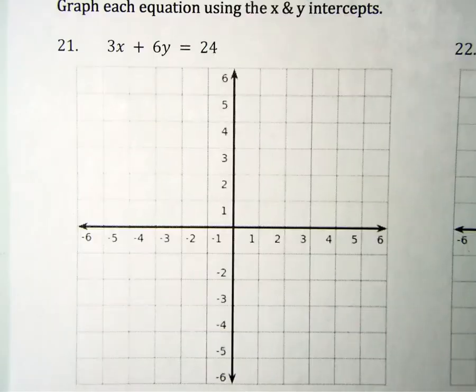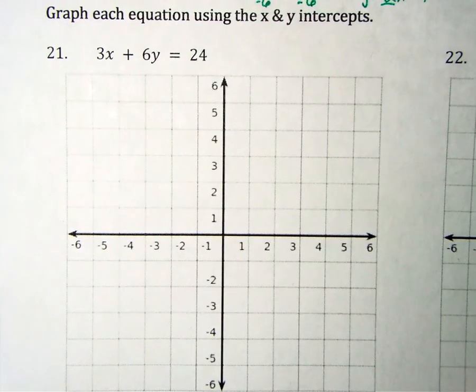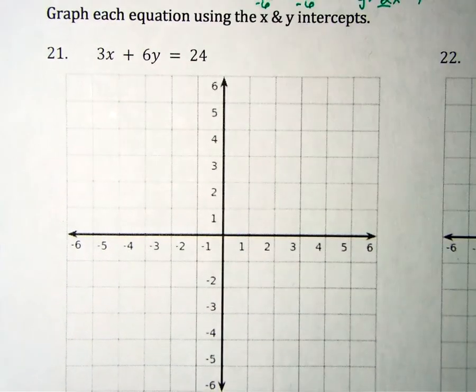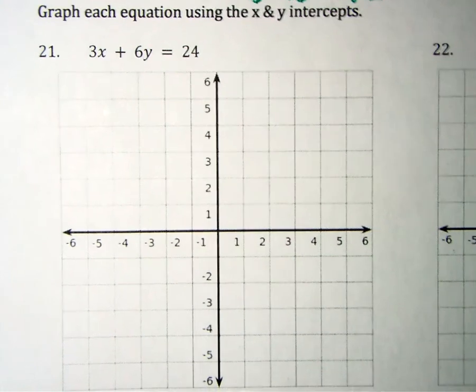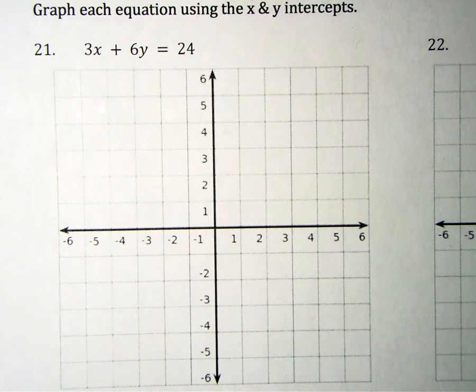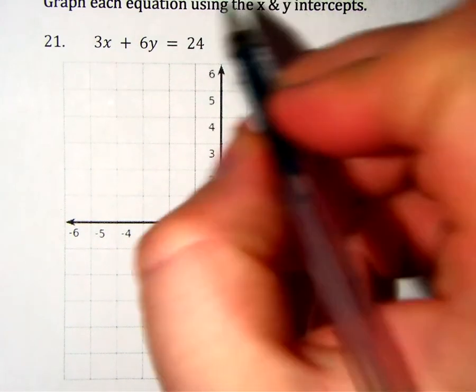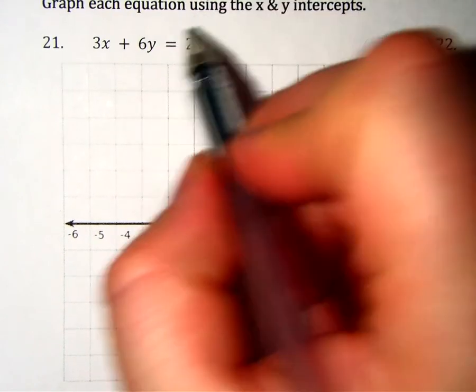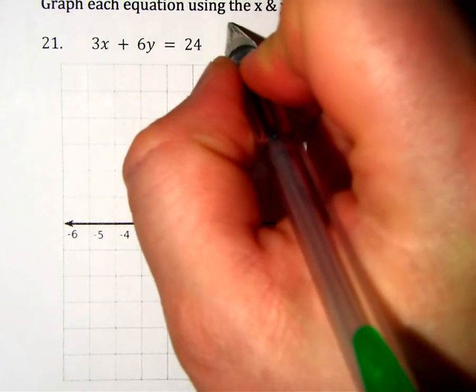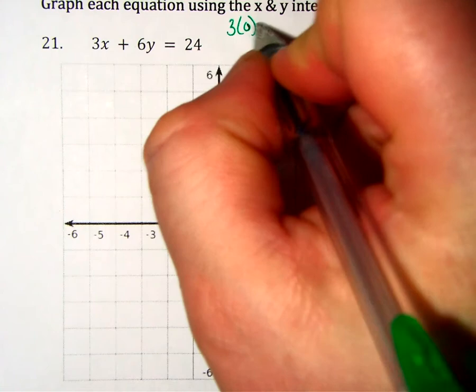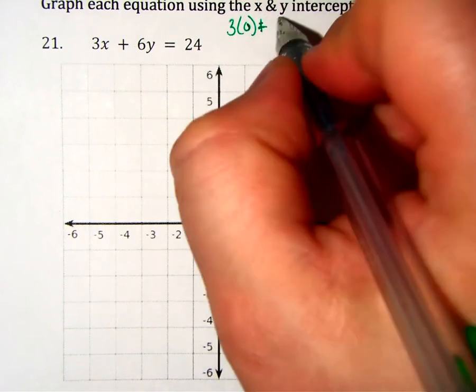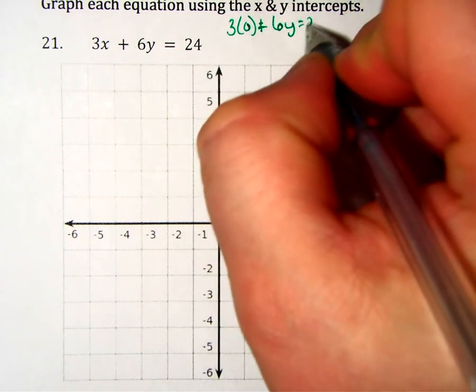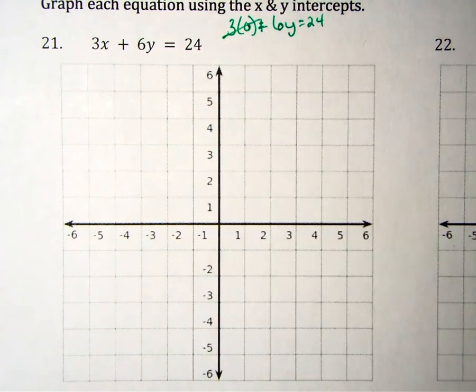Number 21 asks for us to graph the equation using the x and y intercepts. This is an extension of the previous page problems. So we need to first figure out what the x and y intercepts are. I'm going to start by plugging in a 0 for x. So 3 times 0 plus 6y is equal to 24. 3 times 0 disappears.